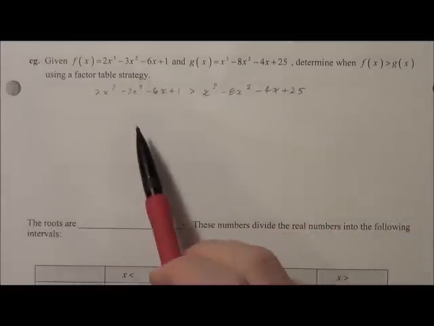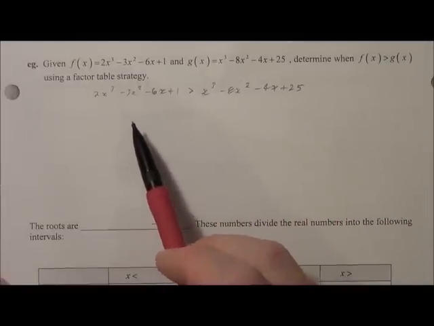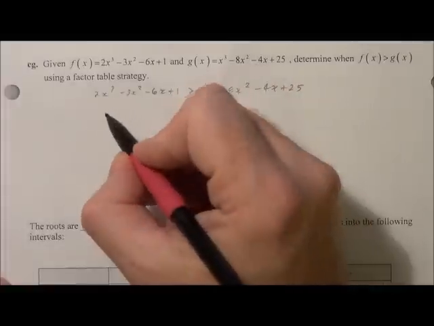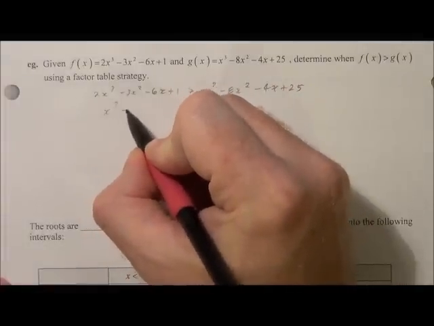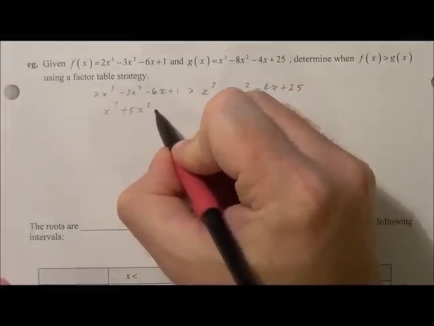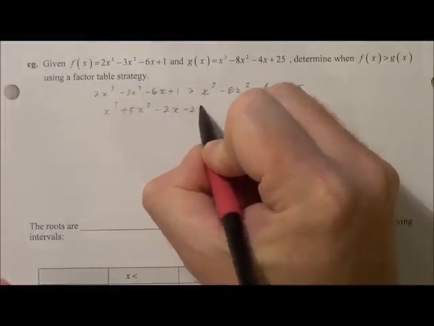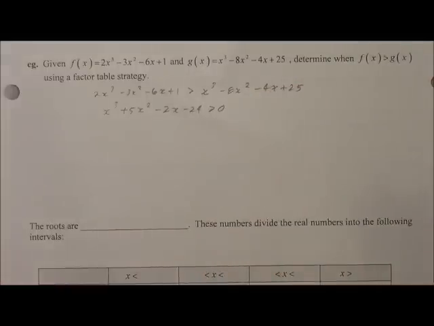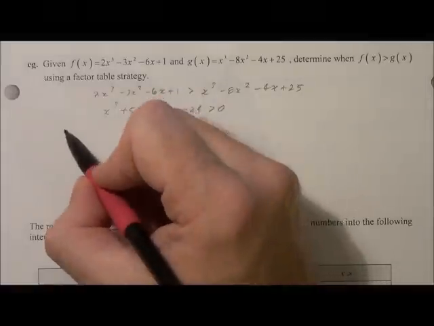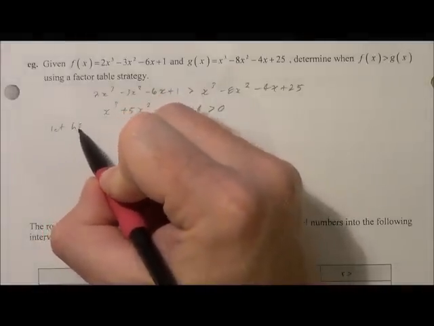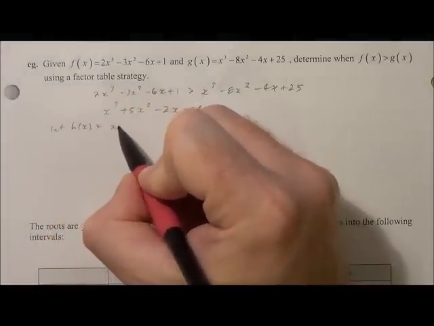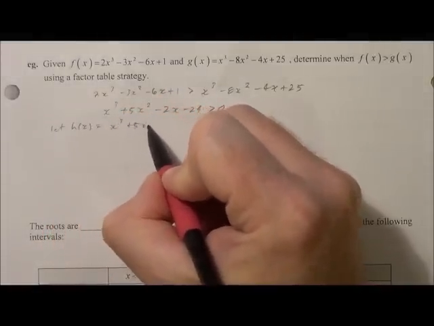And now I'll just get everything over to one side by performing the opposite operations. So we'll end up getting x cubed plus 5x squared minus 2x minus 24 is greater than 0. So what I'm going to do is I'm going to let h of x be this function.